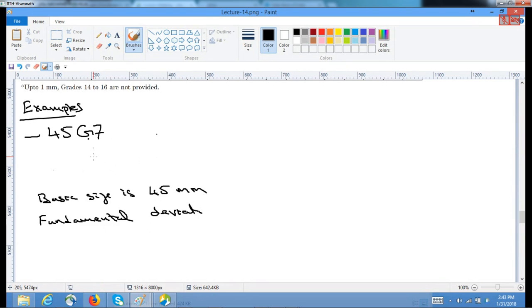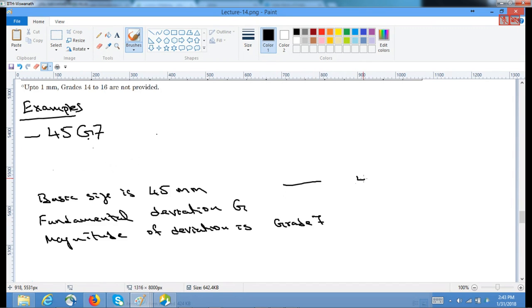If you mention it in this manner, then we know that the basic size is 45 mm, the fundamental deviation is G, and the magnitude of deviation is grade 7. The 45 mm is the basic size, which is not a problem. For a fundamental deviation G, one can look into the tables.